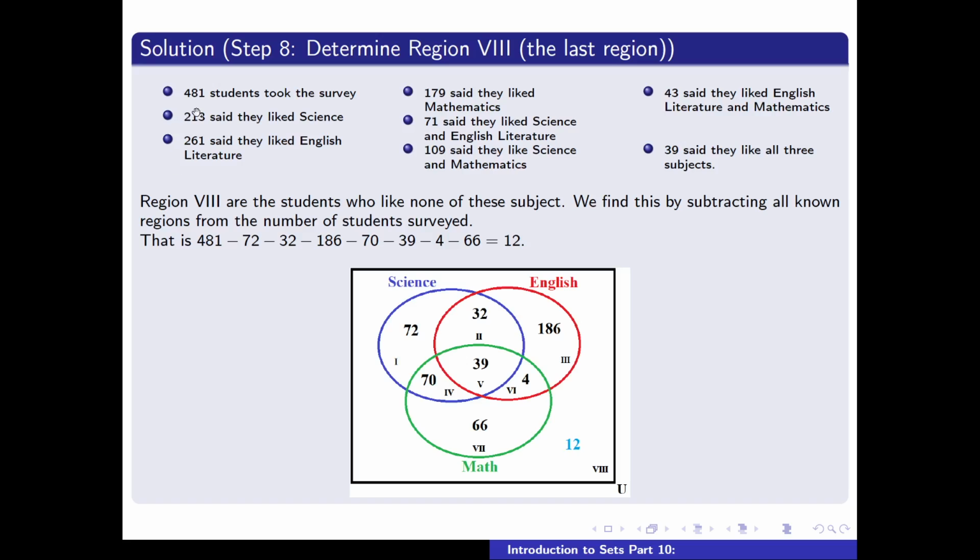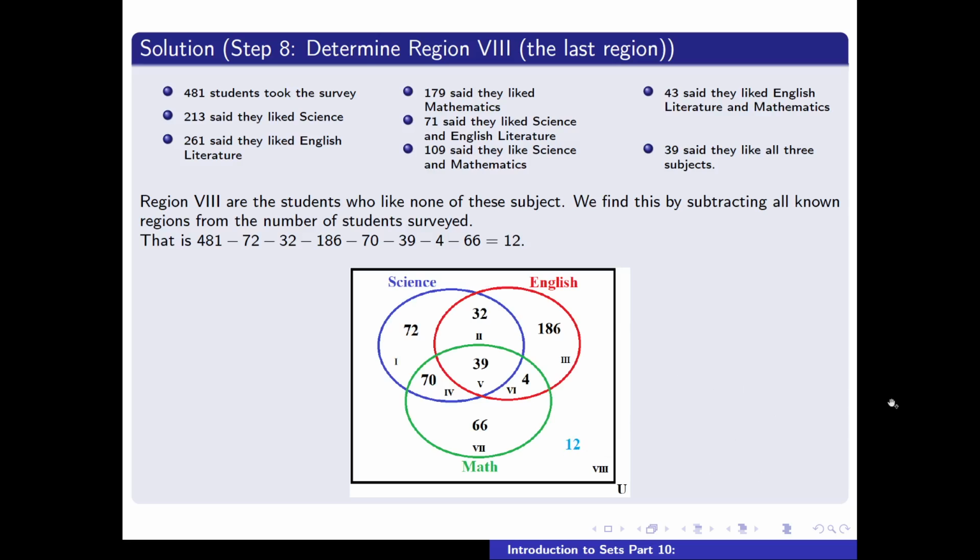So we take 481 minus 72 minus 32 minus 186 minus 70 minus 39 minus 4 minus 66, and the result is 12. There are 12 students in region 8.